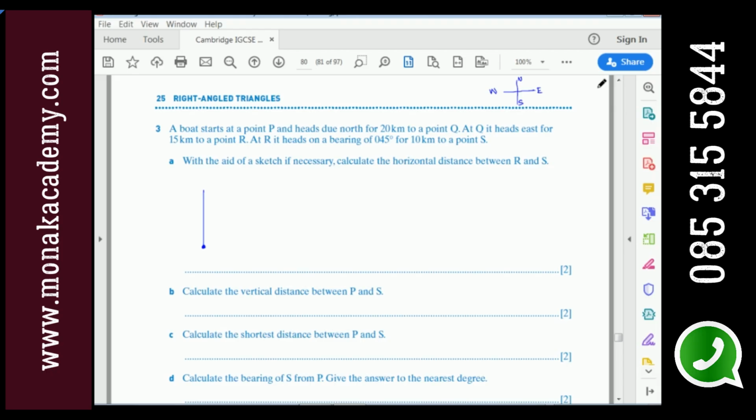So I'll just say that is the 20 kilometers until point Q. So I'll call this point Q. At Q, it heads east. East means it's going to go to the right, right?